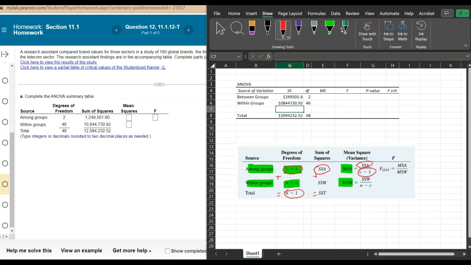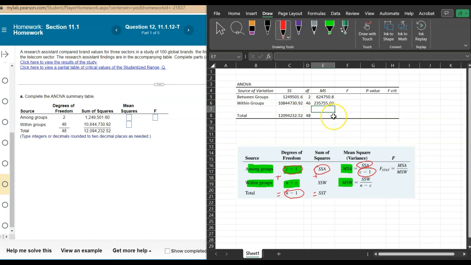So if I divide the sum of squares by the degrees of freedom, I will get the mean square. Click on the mean square cell, equal sign, select the sum of squares, divide by the degrees of freedom, and enter. I do the same thing for the next one: equal sign, select the sum of squares divided by the corresponding degrees of freedom, and you get that number.